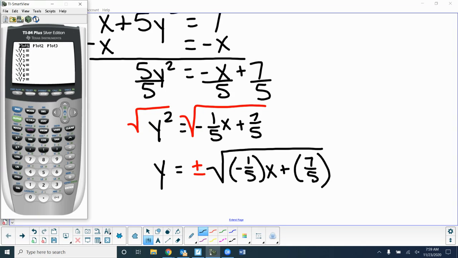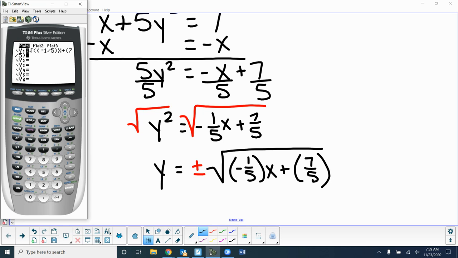All right, so my positive would be square root, -1/5, x, okay, plus 7/5. Now, there are parentheses around the -1/5, there are parentheses around the 7/5. Whenever you use this calculator and you hit square root, it starts out with a parenthesis.